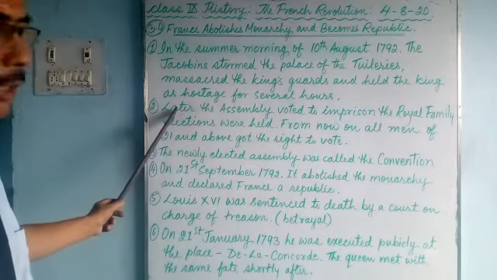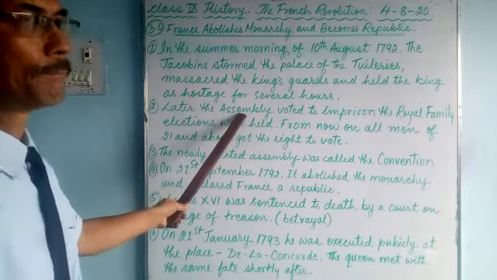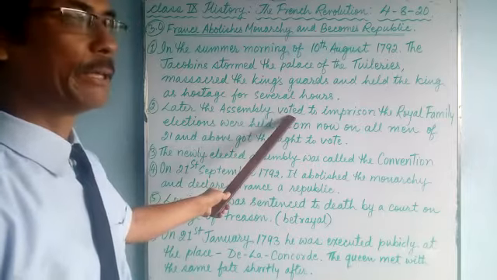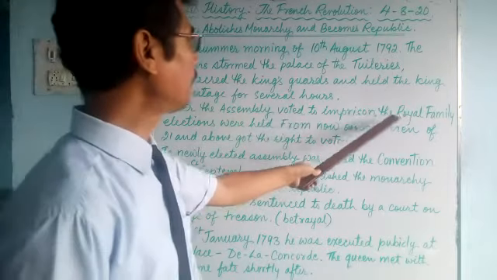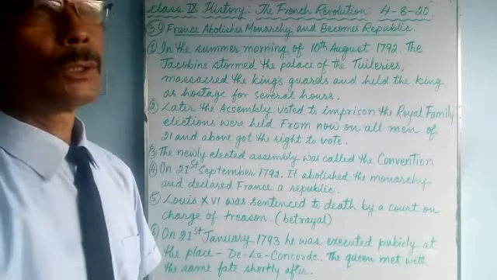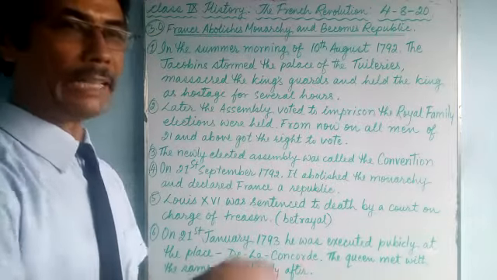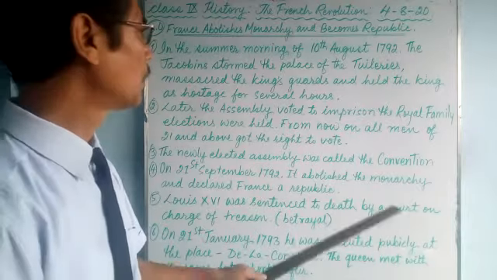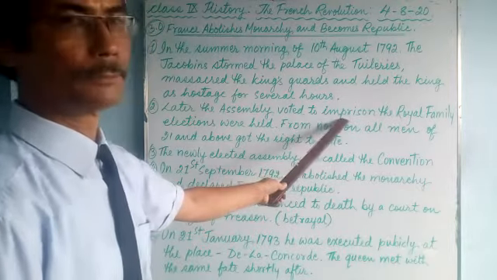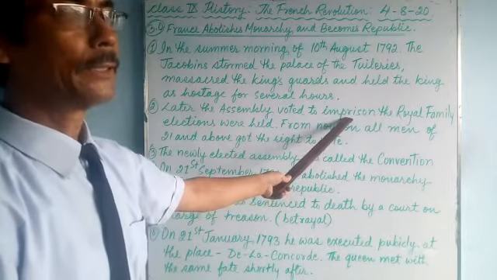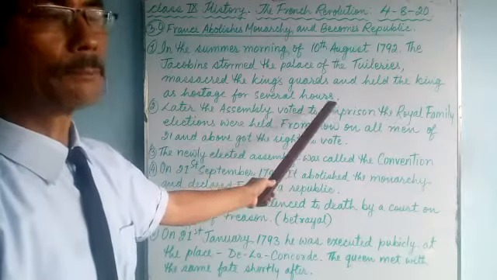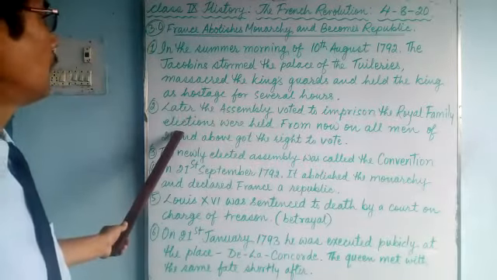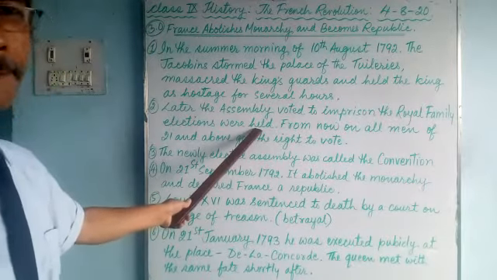Afterwards, the National Assembly voted to imprison the royal family. The royal family, the king, queen and his children, whoever was in the palace, was imprisoned. Elections were held after that.